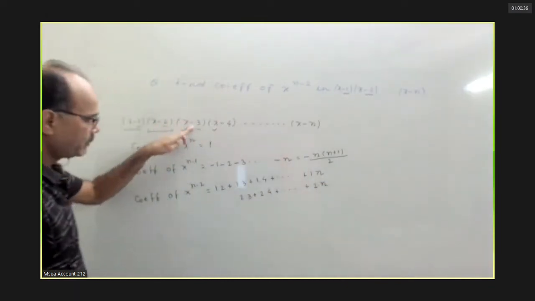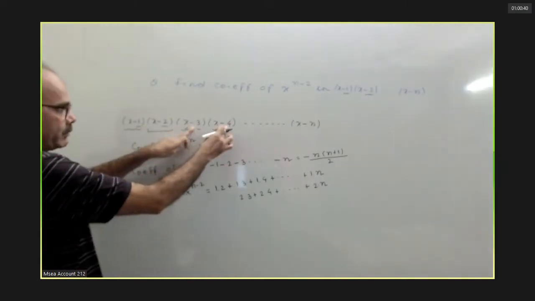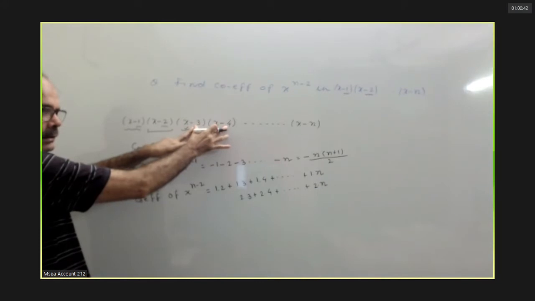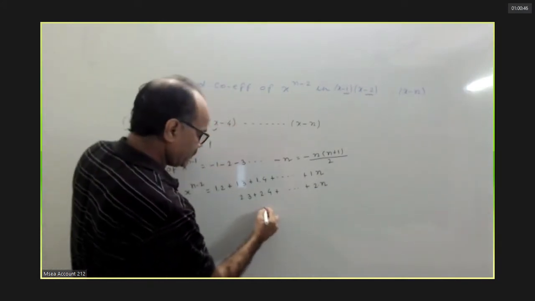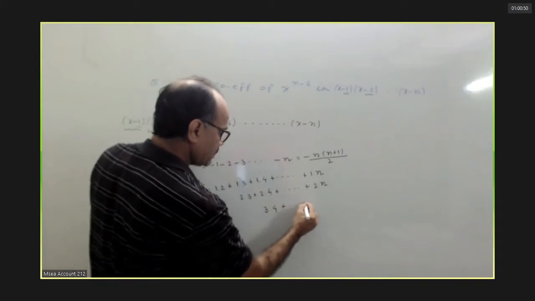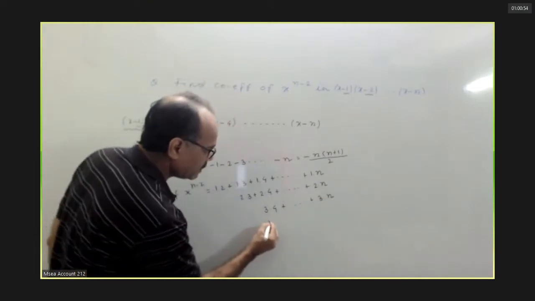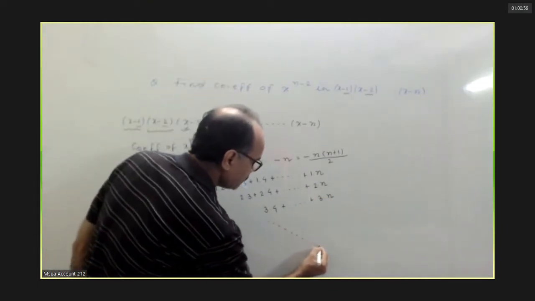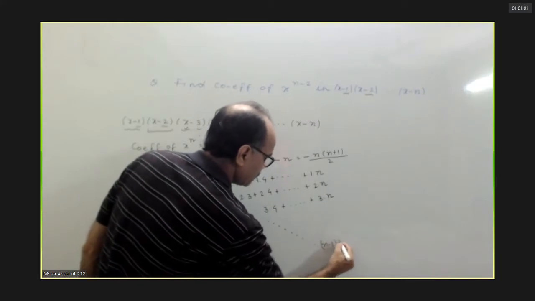Okay. With this, this is over. Minus 3 into minus 4 and the other factors you multiply with x. So -3 into -4, 3 into 4, plus 3 into n. So like that, it will go up to n minus 1 into n.